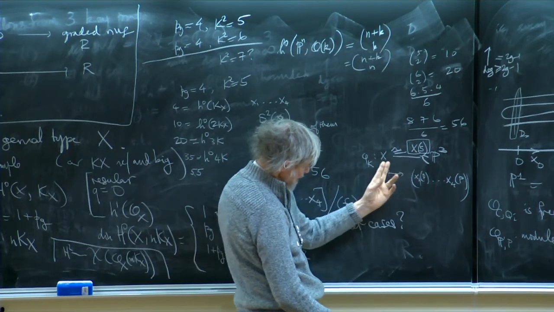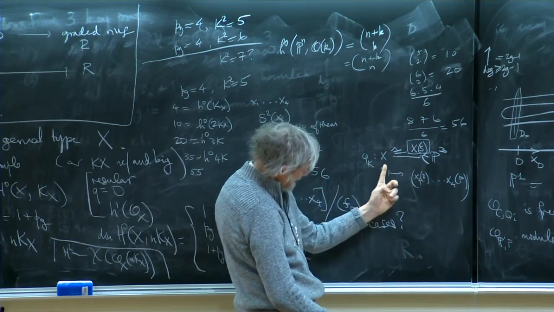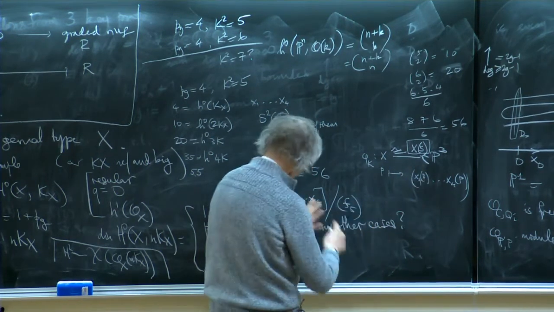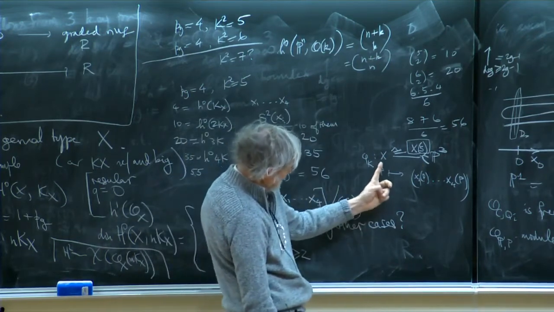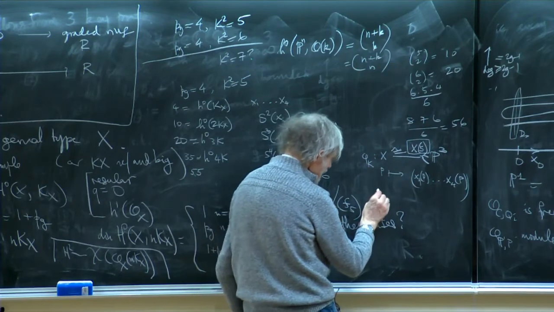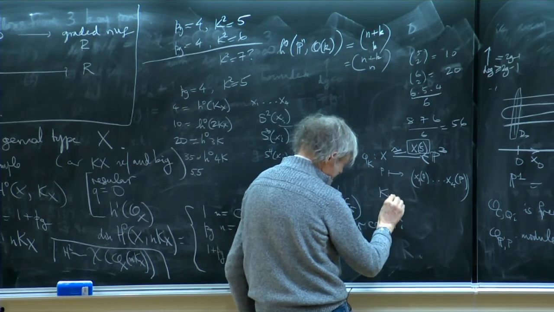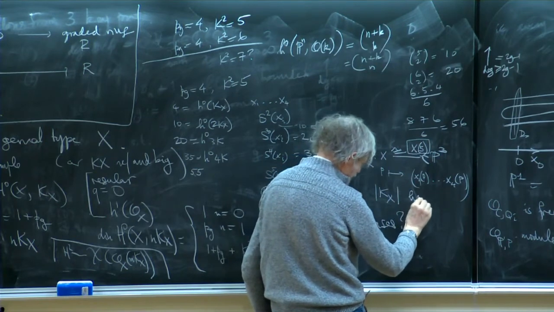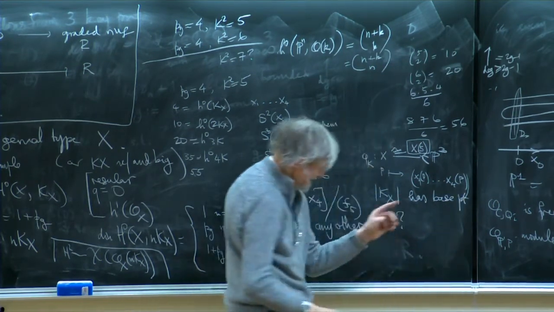Yes? And so the only way that this calculation can fail is if this map has a base point, if kx has a base point. Right, so I'll explain this on the Friday lecture.